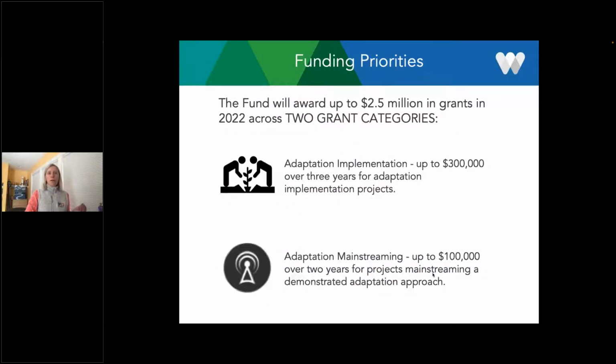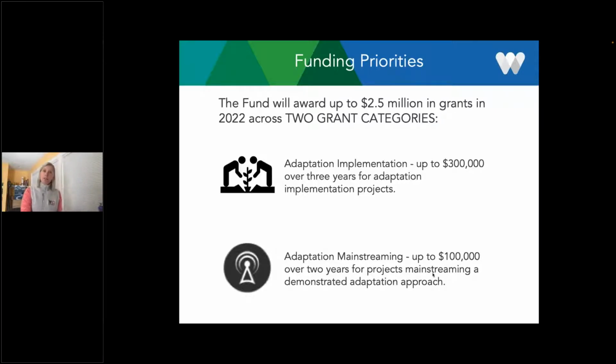We do that by giving out awards in 2 different grant categories. Since the beginning of our program, since 2011, we have been investing in adaptation implementation projects. These are projects that are designed with the best available climate science information in mind and have gone through the planning process, and we support the on-the-ground implementation of adaptation actions.